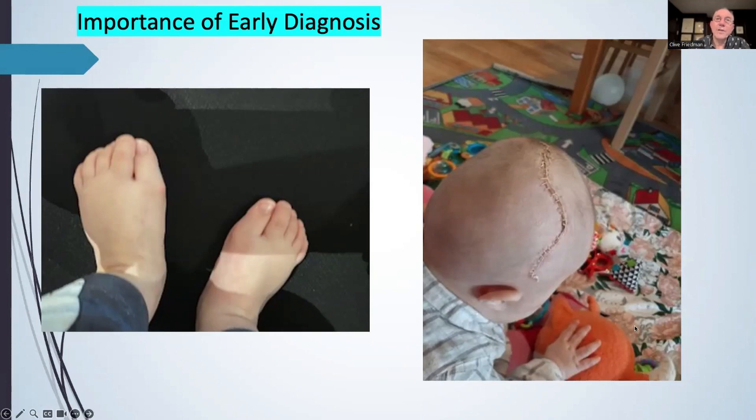And unfortunately, it's not unusual that the diagnosis is not made early. In fact, only this week, I received a phone call from an individual here in Ontario, and her 11-year-old son, after a bicycle accident, had a lesion, and his shoulder had developed a HO, and only at 11 has he now been diagnosed with FOP.